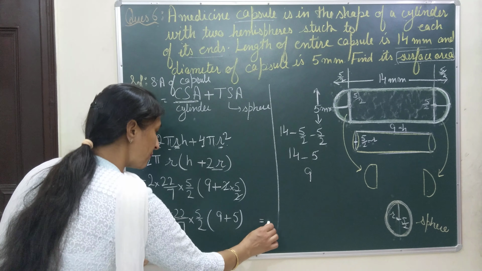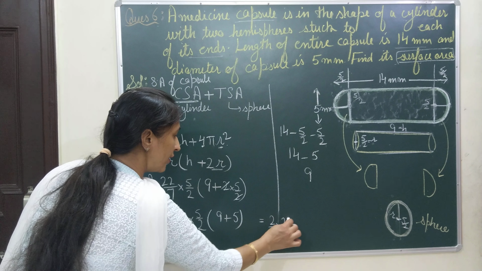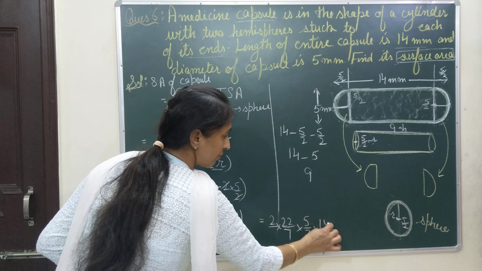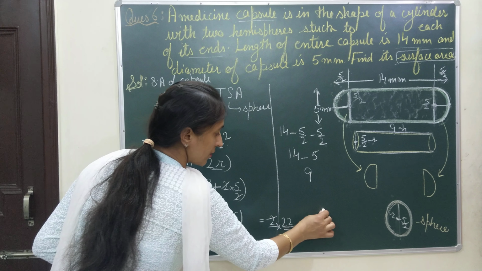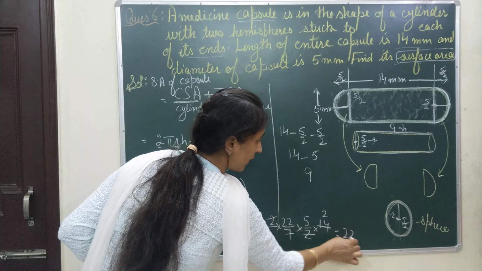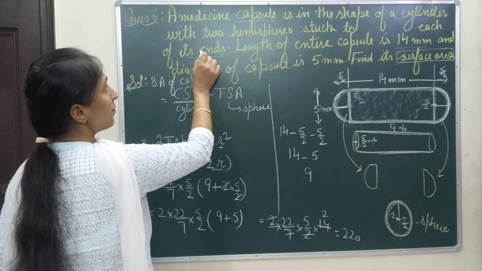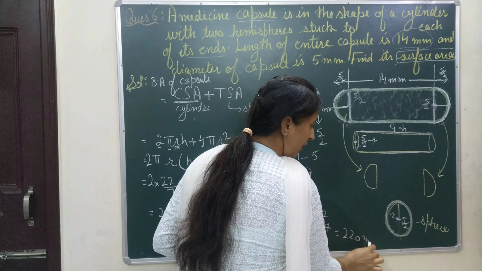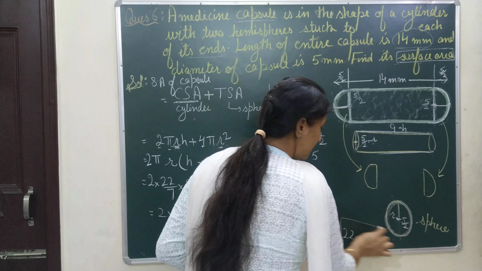Let us solve it: 2, 22 by 7, 5 by 2 and 14. So it is 220. Now the unit given is mm, so you will write mm square, millimeter square.